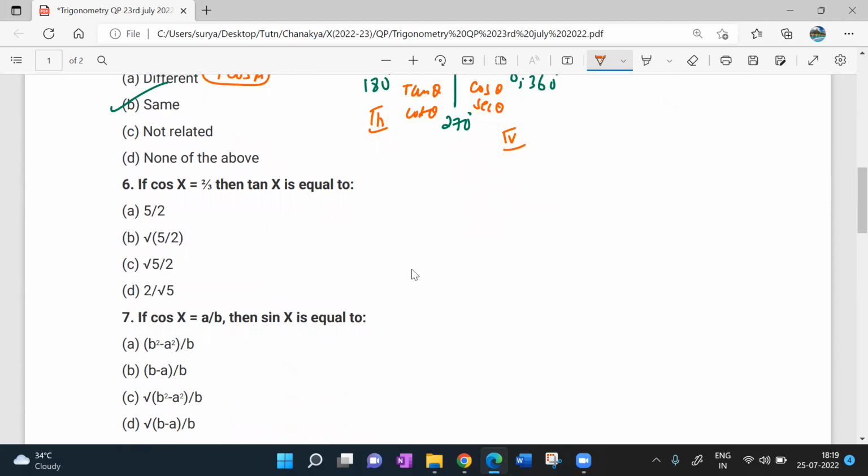Next. If cos x is equal to 2 by 3, then tan x is what? Very simple. Look at it here. Just draw a right angle triangle. Cos x is equal to 2 by 3. This is x.